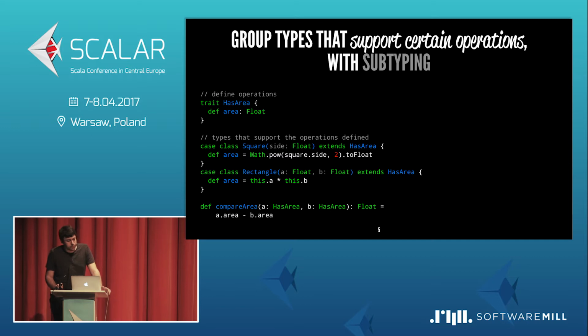What we can do, of course, if you're familiar with subtyping, is to just define a trait that defines our area function, have our case classes extend that trait, and implement the area function, and do the reasonable thing here. Then we can have the function that we're interested in take 2 parameters of type hasArea, call area on them, and be done.